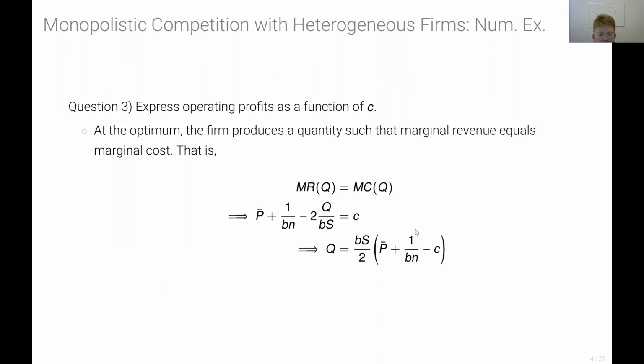So if I'm a less efficient firm, I'm going to produce less output. If I'm a more efficient firm, that is, if my C is lower, then I'm going to produce more. So I'm going to sell more.